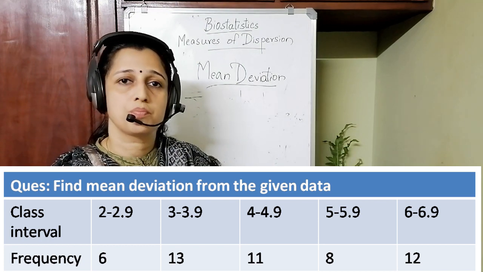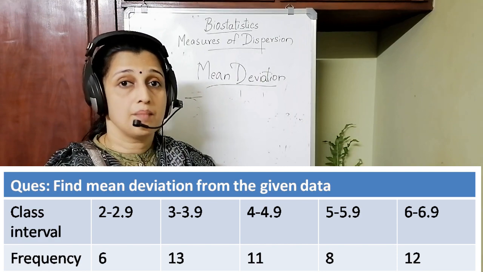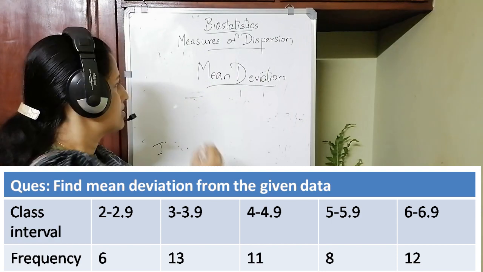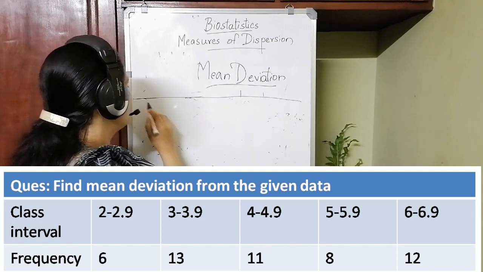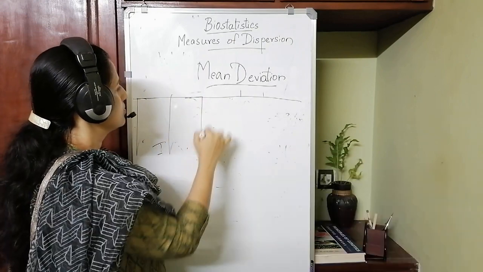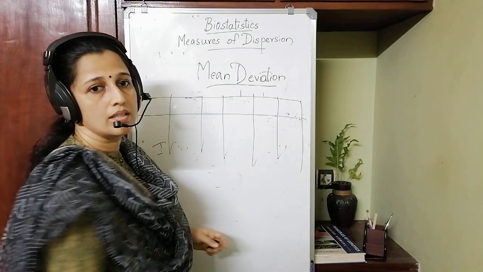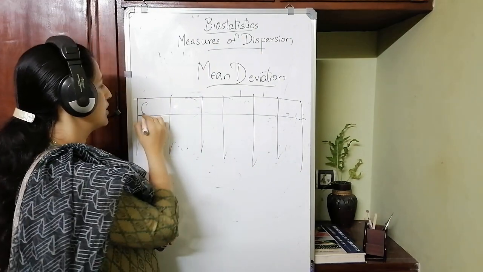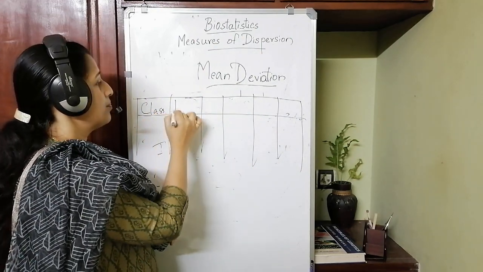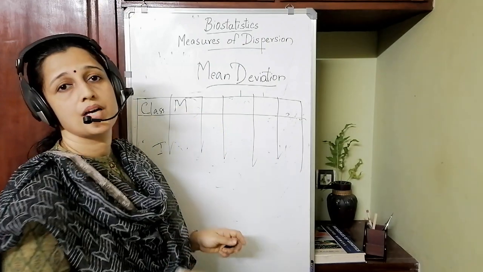The first step is to prepare a table with 6 columns, which shows the class interval, then the midpoints. This is the only difference from the other table.